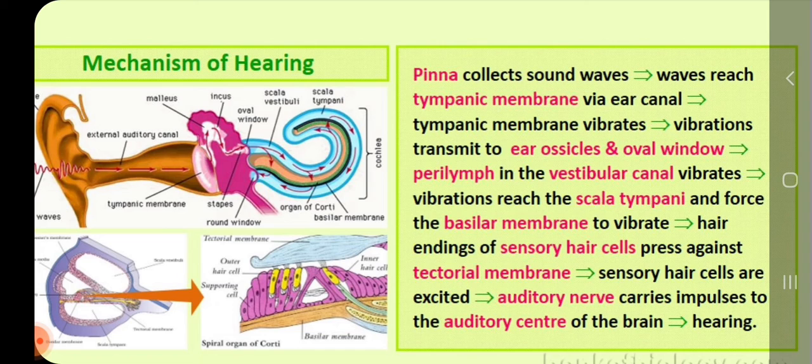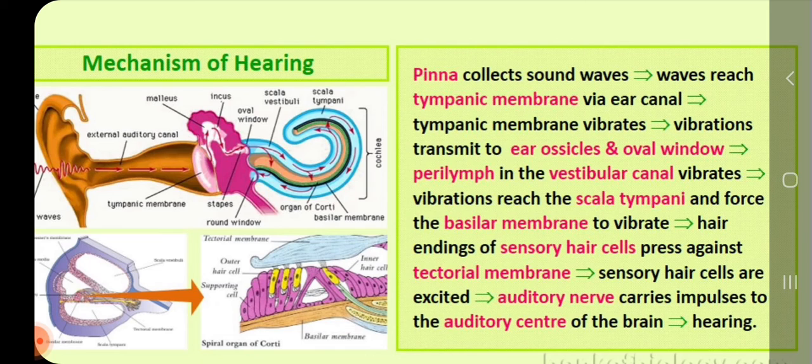These vibrations are transmitted to the middle ear, which consists of the ear ossicles. And what are those ear ossicles? Those ear ossicles are the malleus, incus and stapes.